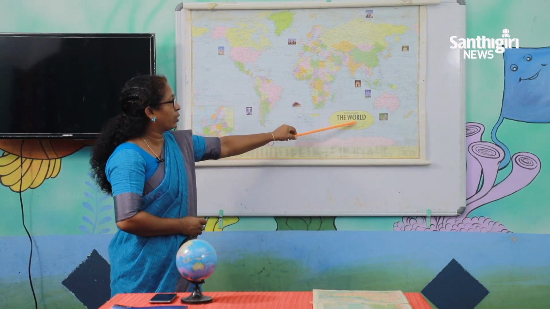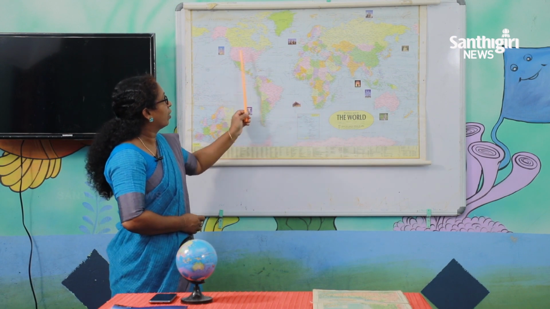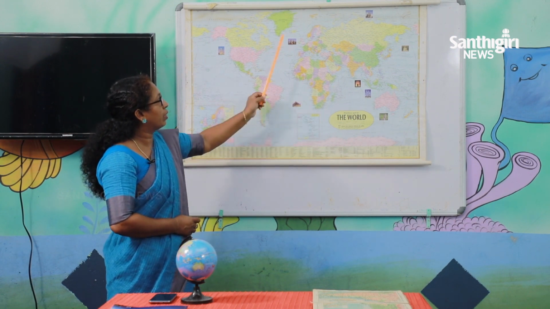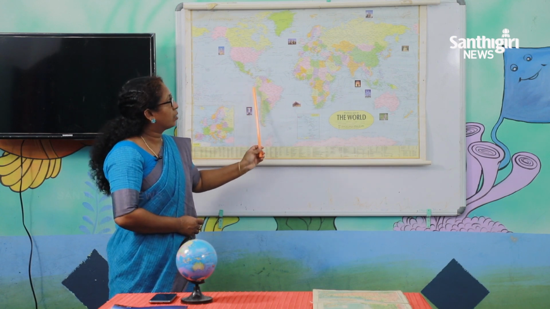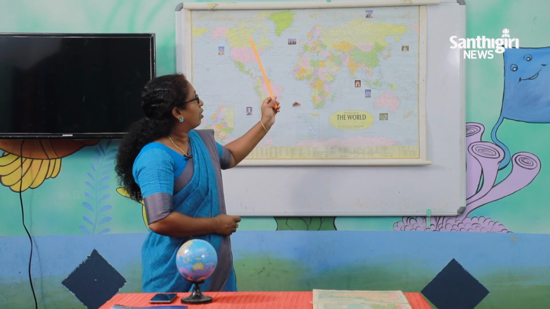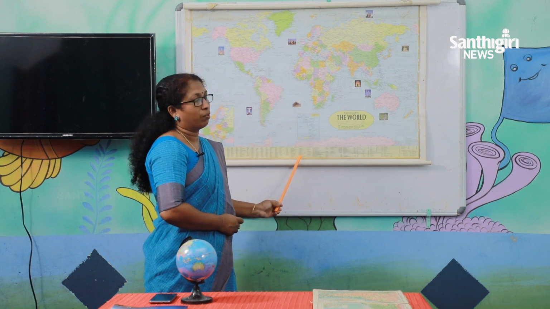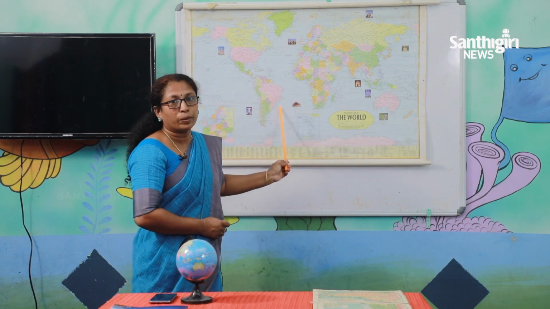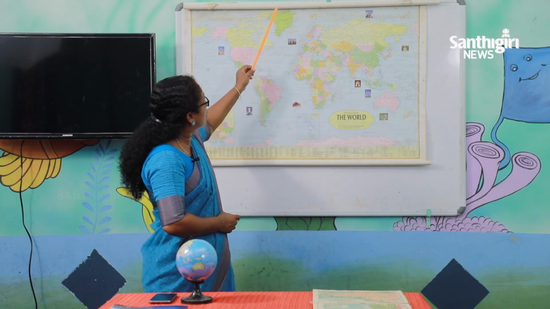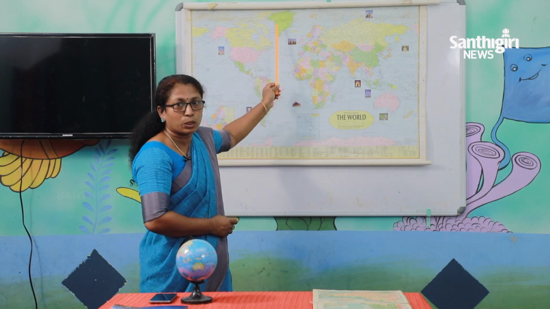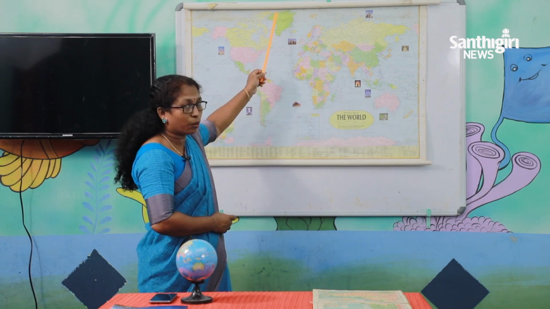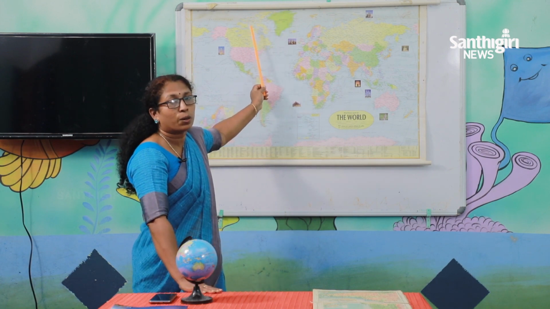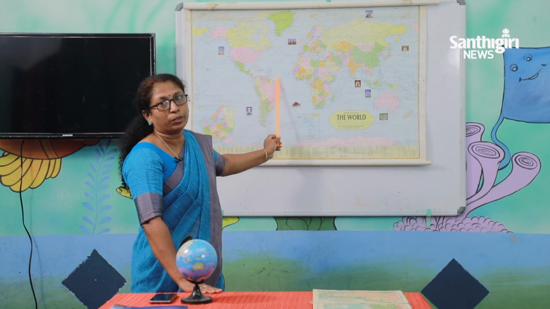It is the political map of the world. All the countries in the world can be represented on this sheet of paper. And this is also a wall map. Why is this called a wall map? Because I hung this map on a wall. That is a large map. That is why I hung it on a wall, and so it is known as a wall map.